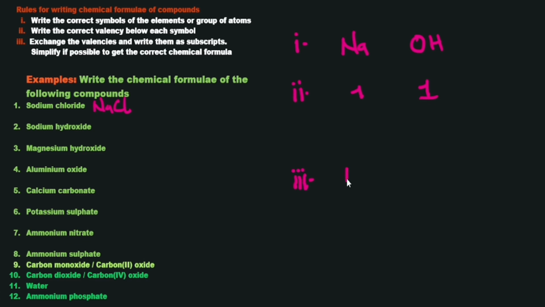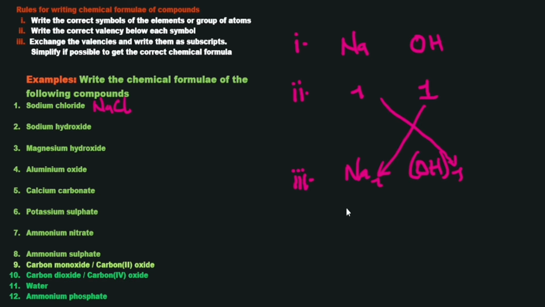Now, we bring down the symbols and then interchange or exchange the valencies. Because OH is a group of atoms, we put it in brackets. Now, if we interchange, this will be 1. We interchange here, also have 1.